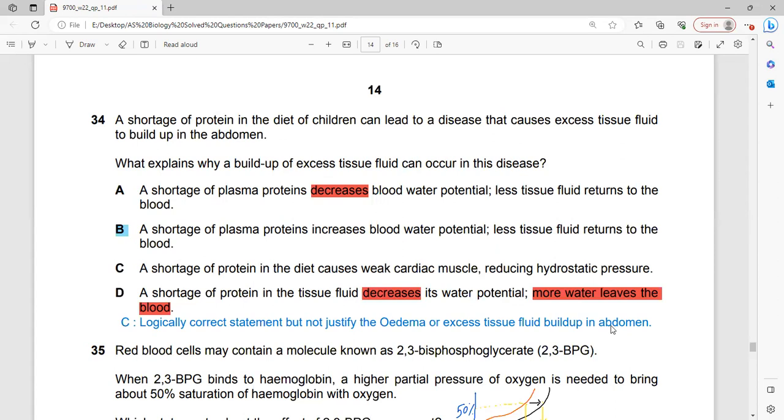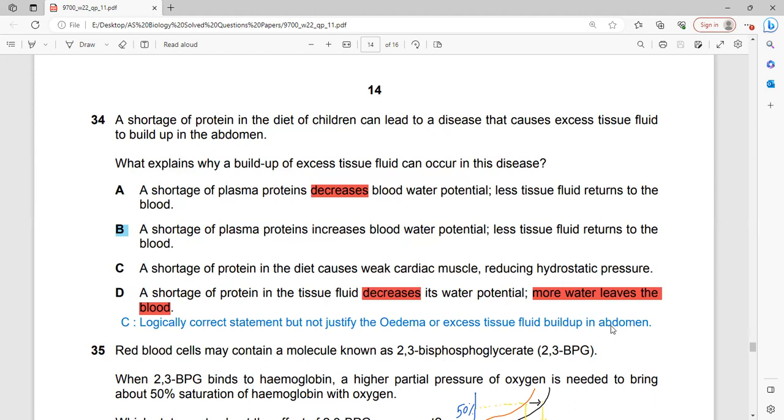The shortage of plasma protein decreases the blood water potential. The plasma protein is basically the solute, while the water is the solvent. If the solute is decreasing, the solvent should increase.